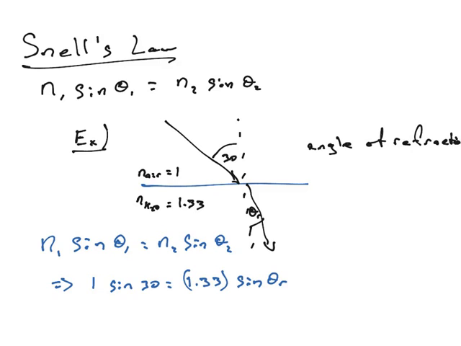How do I do it? Well, first get sine theta r by itself. So sine theta r equals 1 over 1.33 times sine of 30. But then notice, I don't want the sine of theta r, I just want theta r. How do I get theta r by itself? I do what's called the inverse sine. I take the inverse sine of both sides.